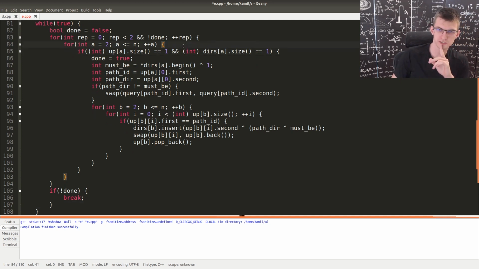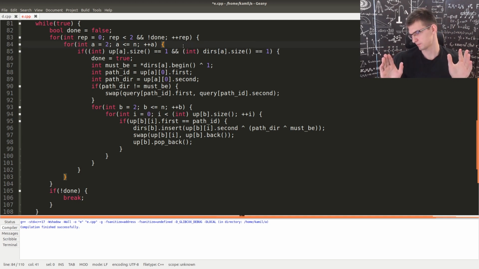What do we do in the second run? Can I take just any path? I think so.